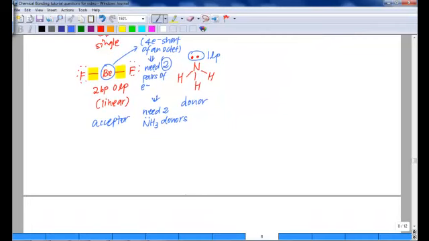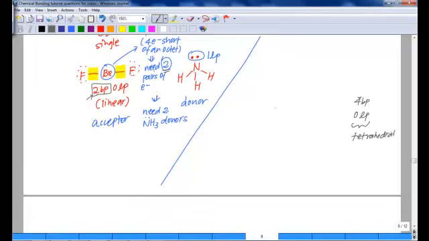I will draw it over here. So if you notice, this beryllium originally has only 2 bond pair. Now if I have another 2 ammonia donors reacting with it, it should have a total of 4 bond pair, and there is 0 lone pair. So that means it must be of a tetrahedral shape.